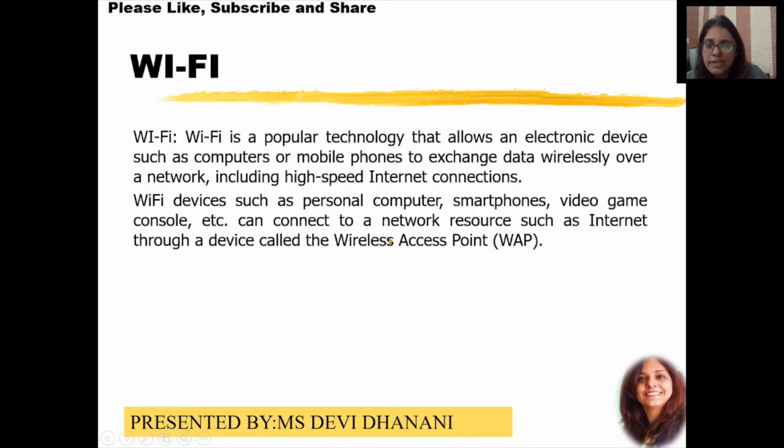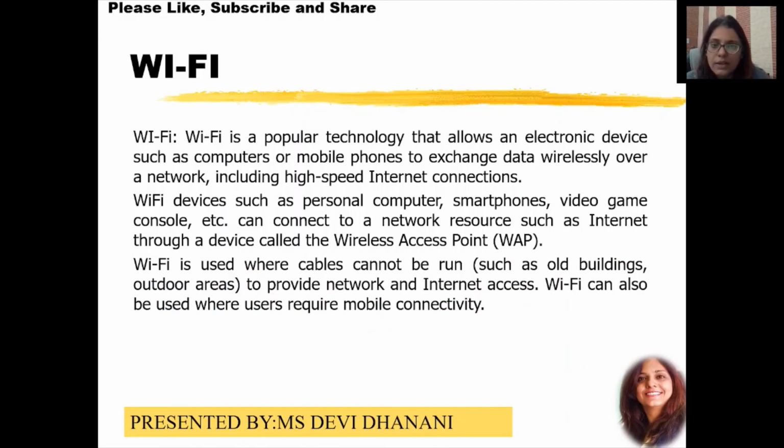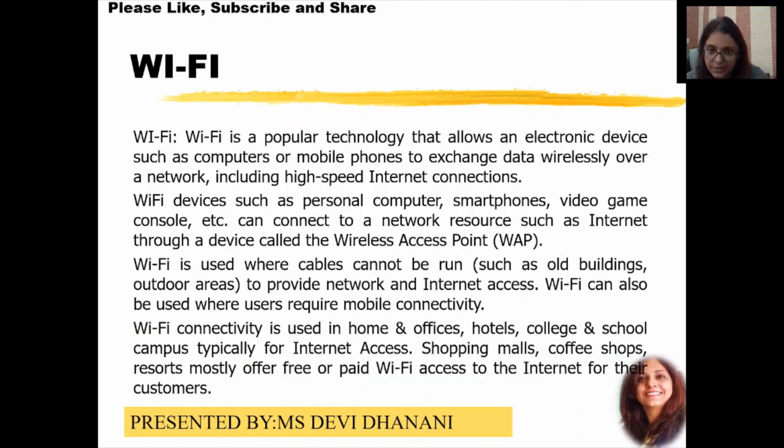You need a wireless access point, WAP, to connect to a network resource such as the internet through the device. We have Wi-Fi in our personal computers, smartphones, video game consoles, etc., and we do not need a cable to run this kind of network. It also enables mobile connectivity. It is widely used in homes, offices, hotels, and everywhere basically.